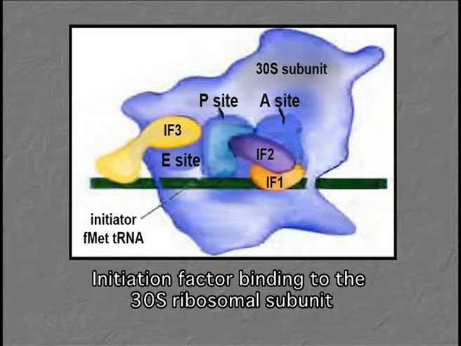The second important site is the peptidyl tRNA site, wherein the tRNA binds only after peptide bond formation. And the third site is the E site, or the exit site, from where the tRNA, after getting discharged, a deacylated tRNA, exits the ribosome.